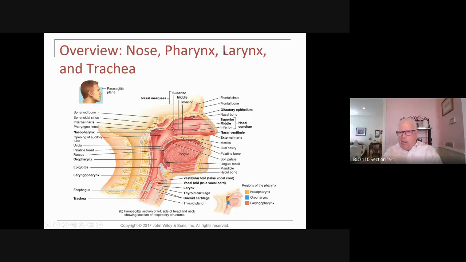The lower airway begins at the voice box, which is the larynx. And you can kind of see the structures that are in it. One of the most important structures that are in the upper airway is the epiglottis. Does anyone know the function of the epiglottis?